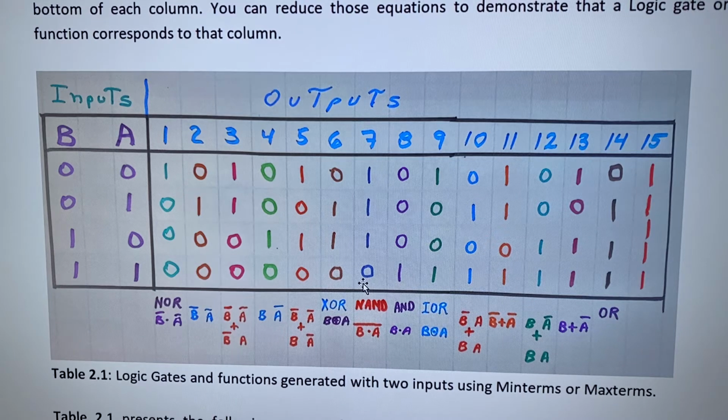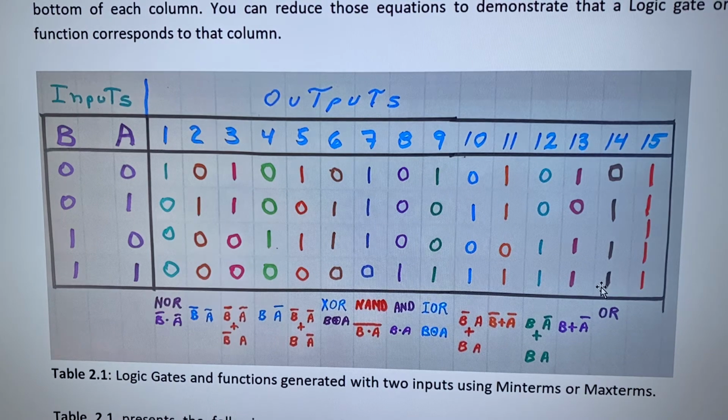So it is exactly the opposite of the AND gate. Of course, there are other gates, like the OR gate. The OR gate is right here on column 14, because the OR gate gives you a 0 when both inputs are 0. But for any other combination, 0 plus 0 is 0, 0 plus 1 is 1, 1 plus 0 is 1, 1 plus 1 is equal to 1 in binary code.